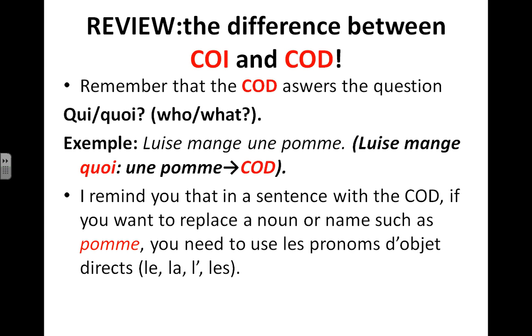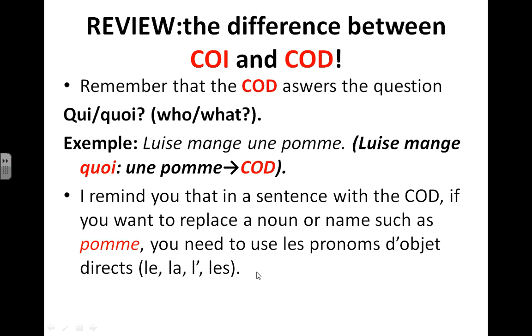I wanted to remind you that the COD is meant on purpose to replace a noun or a name in the sentence, and not to be redundant, right? Remember we did it in the past. So pomme in this example here, if you want to replace it, you need to use one of these pronoms d'objet direct. They are here in parentheses: le, la, and l'apostrophe, les.